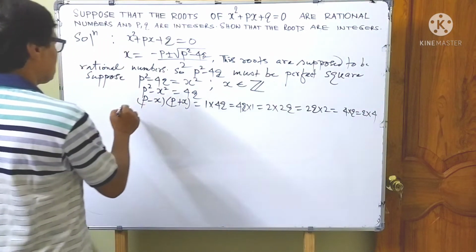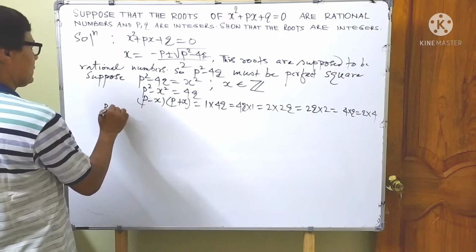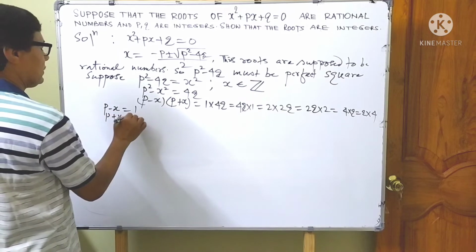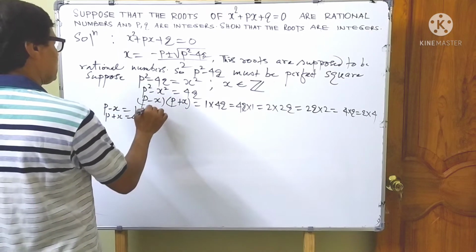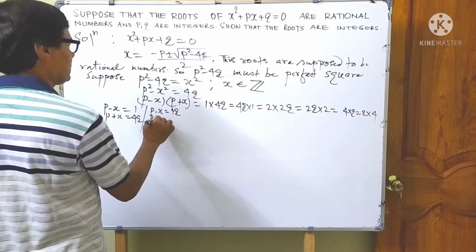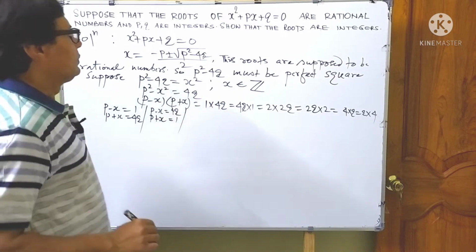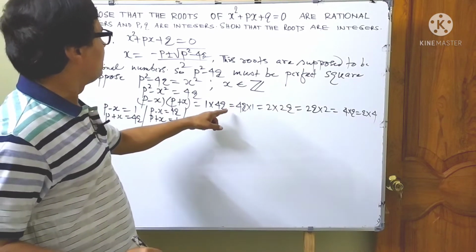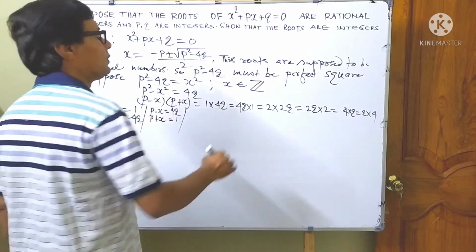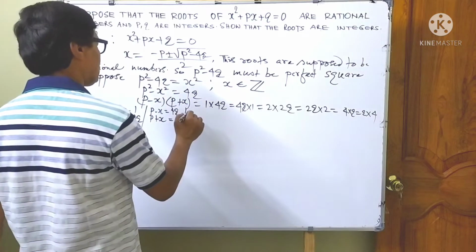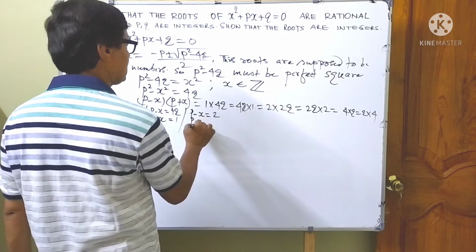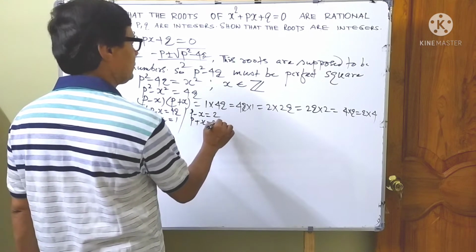Now we can choose p minus x equal to 1, p plus x equal to 4q, and also p minus x equal to 4q, p plus x equal to 1. From the third expression we can write p minus x equal to 2, p plus x equal to 2q.